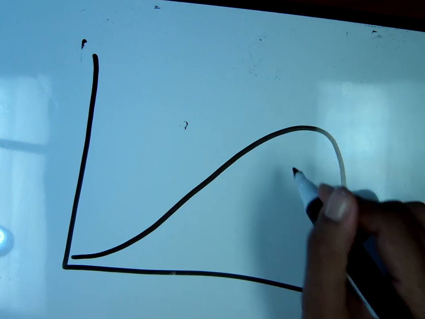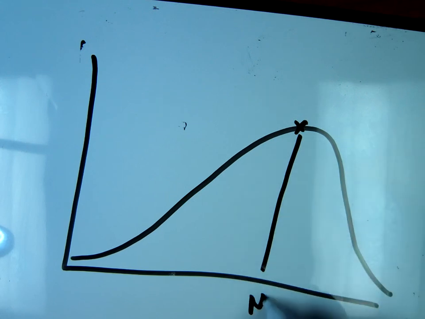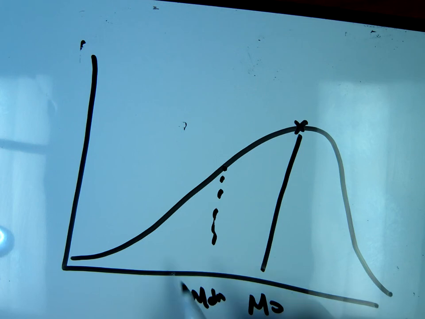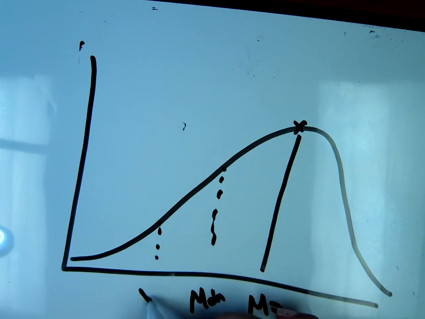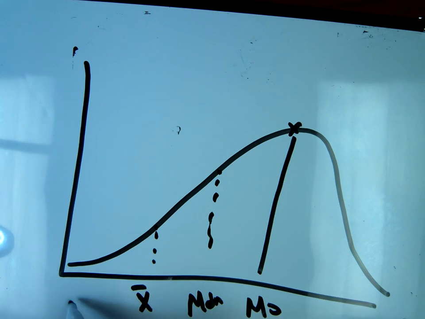In this scenario here, you're going to have your mode, because that's your highest peak, your median, but here the average would be pulled way down, and that's simply because there's a number way out here on the number line that's bringing down the average.